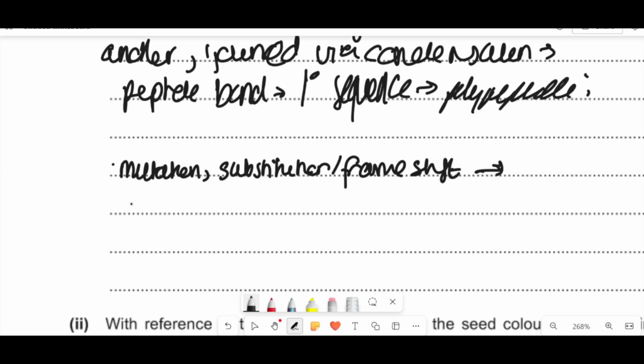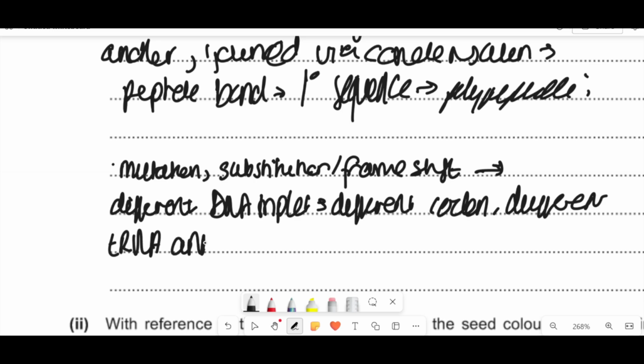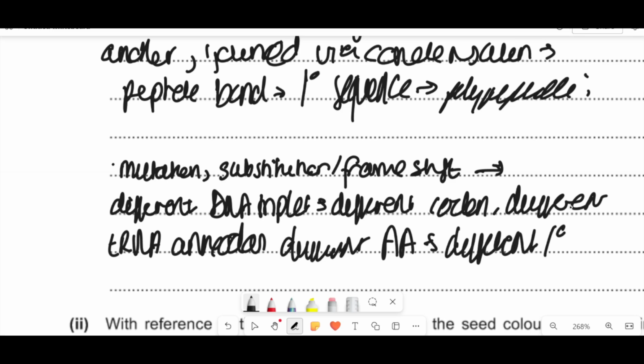So then you have a different DNA triplet, which I should have said codon before, whoops. So then you get a different codon, different tRNA anticodon, different amino acid, different primary structure, and so forth.